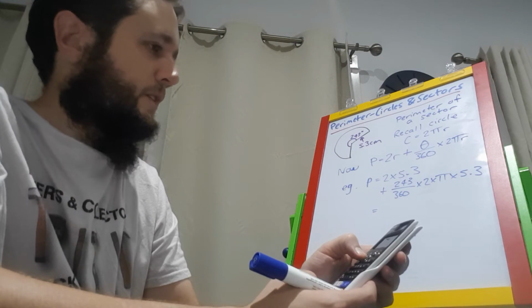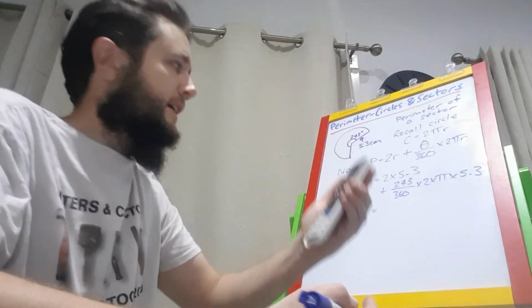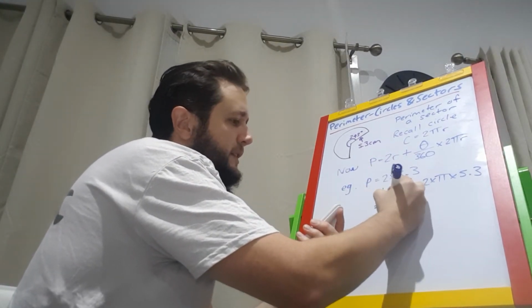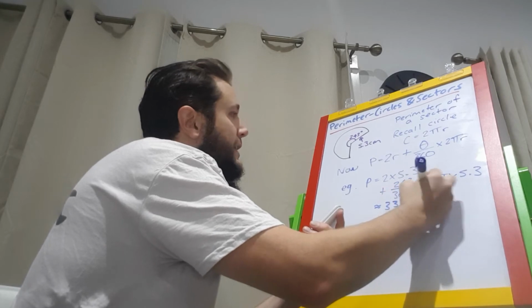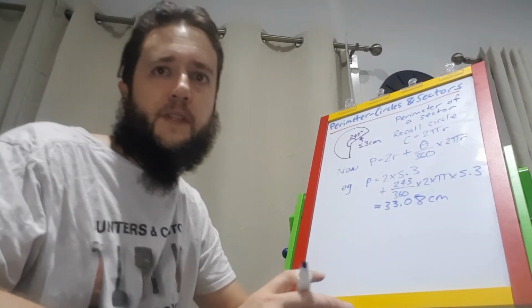Yep. And it gives me that. So a bit of stuff to put in your calculator, and it's going to be approximately 33.08 centimeters will be the perimeter of this object.